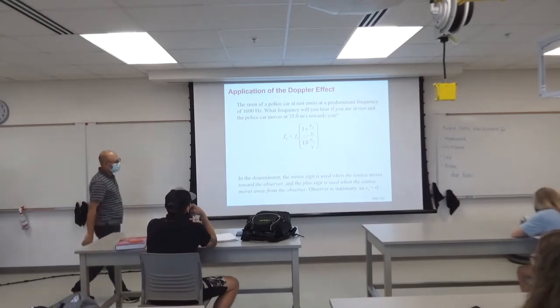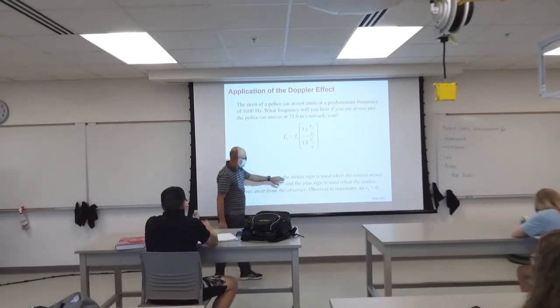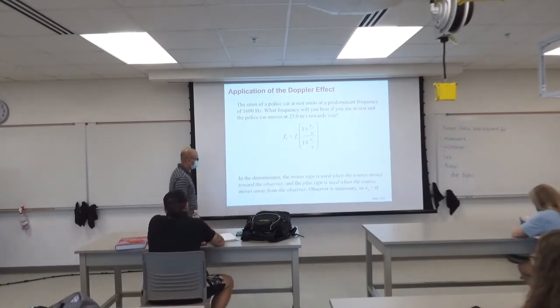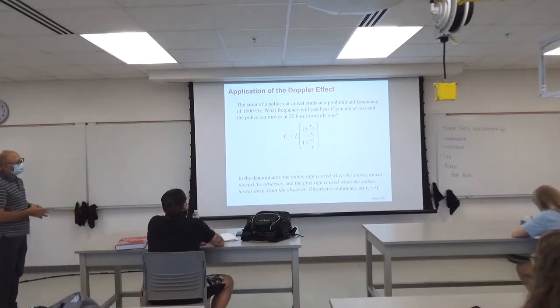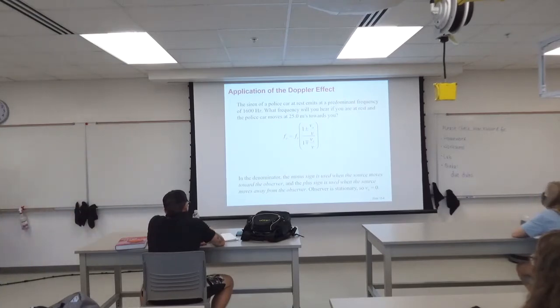Now we need to think about the sign. We choose the minus sign in the denominator when the source moves towards the observer. So we need to think about whether the source is moving towards the observer or away from the observer. It's moving towards the observer, right? That means we can eliminate this one.